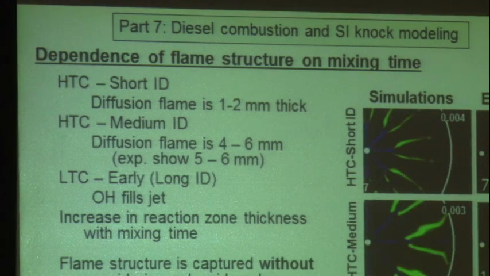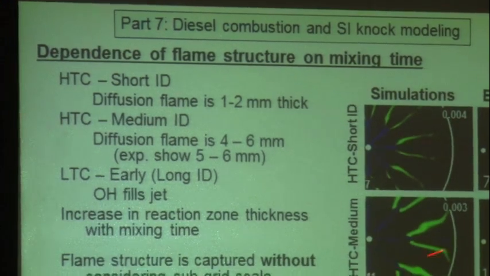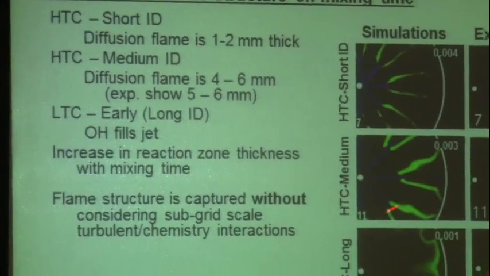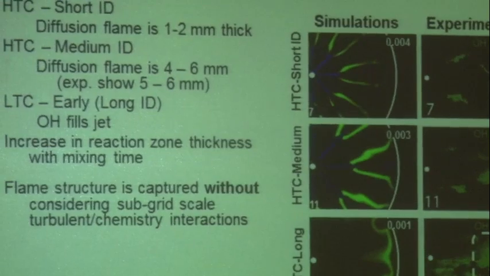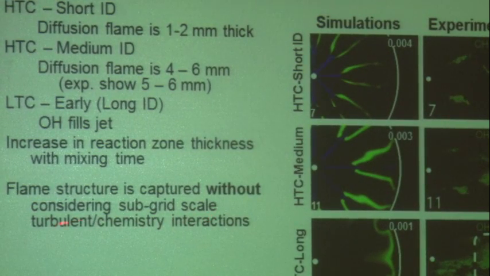So, interesting thing, and I'm showing you here the simulation results obtained without using the G equation model, is that we are able to capture the structure of the flame without considering any turbulence chemistry interactions.